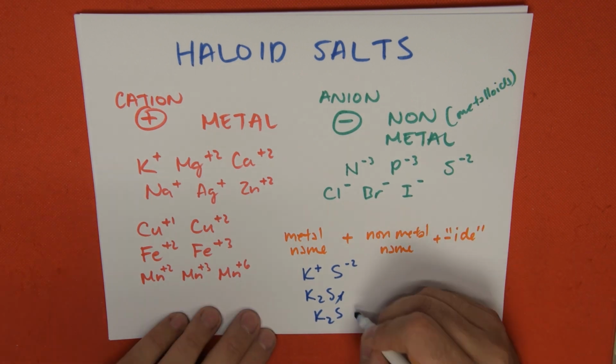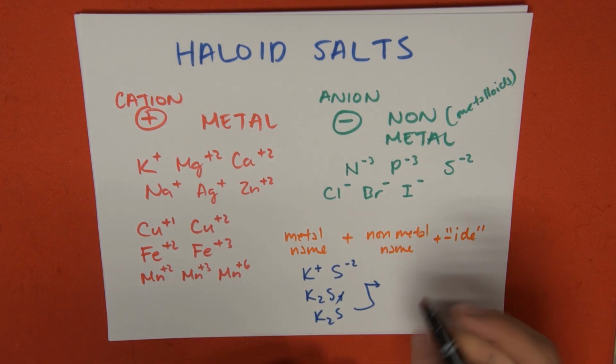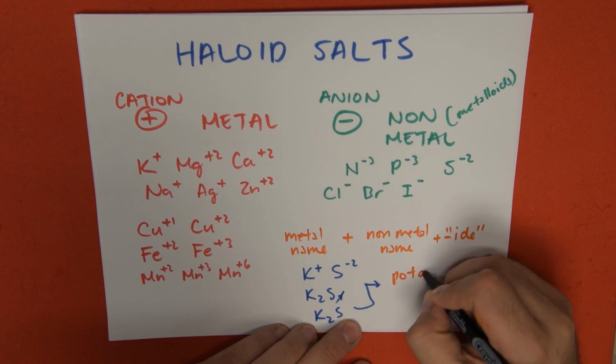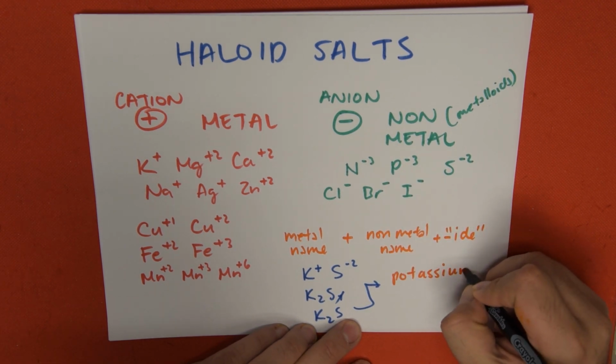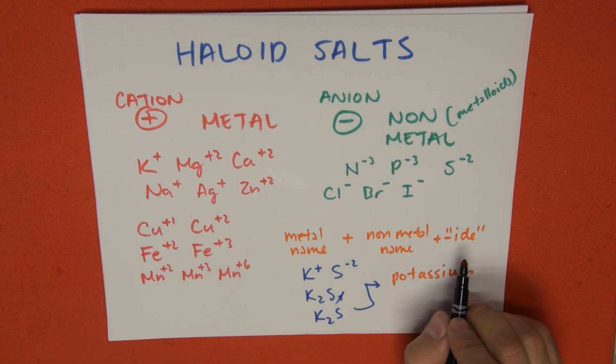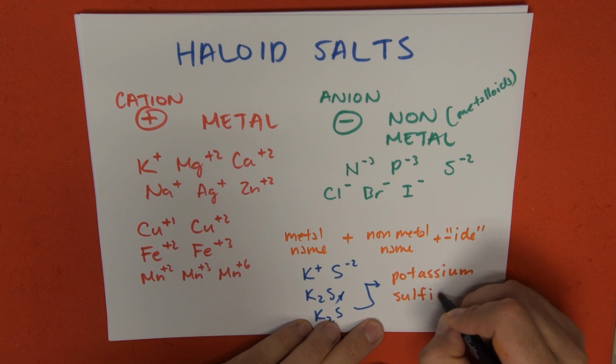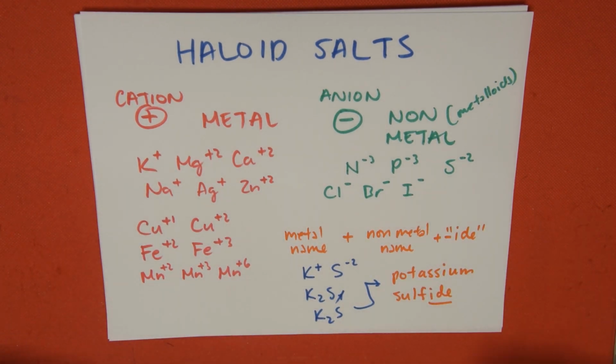The name of the metal is potassium, and the name of the nonmetal is sulfur, but since we're going to add the -ide ending, we turn it into sulfide, and we're done with this naming style. Metal, nonmetal name, and -ide ending for metals with one valence.